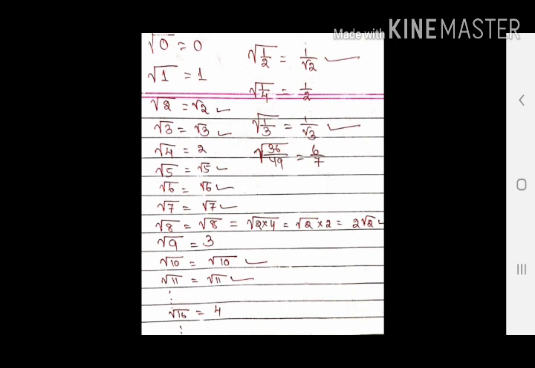Square root of 36 by 49: the number multiplied twice to get 36 is 6, and to get 49 is 7. So here I have found the square root of many numbers. Okay. So you can see the square root of the square numbers. Square numbers mean 1, 4, 9, 16, similarly 25, 36, 49. So the square roots of these numbers are written here.